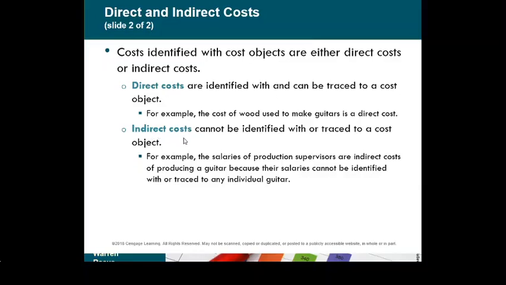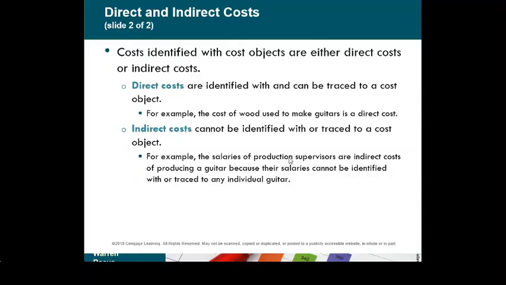But indirect costs are the costs that cannot be identified or traced to a product. For example, the salaries of production supervisors are considered indirect costs of producing the guitar because their salaries cannot be identified to and traced to any individual guitar. Production supervisors will be supervising every single production of the guitar. Let's say the factory produces 100 guitars, so maybe 3 to 5 supervisors will monitor all 100 guitars.